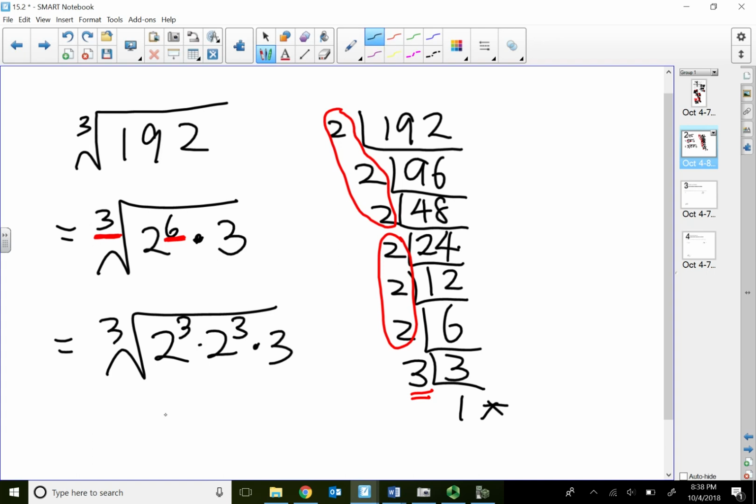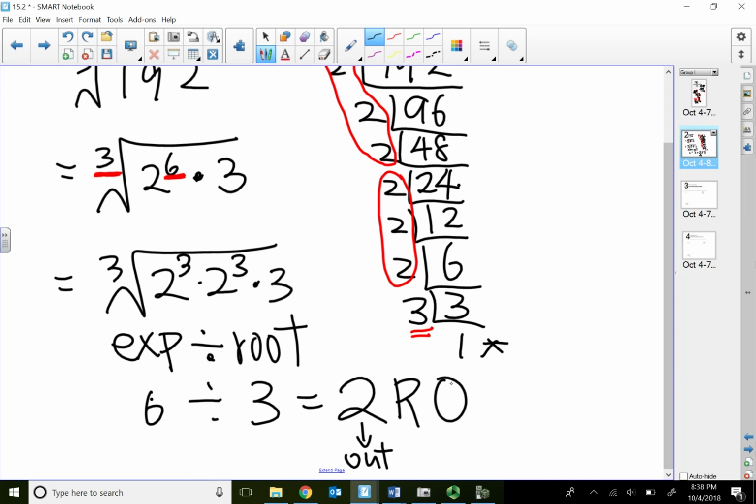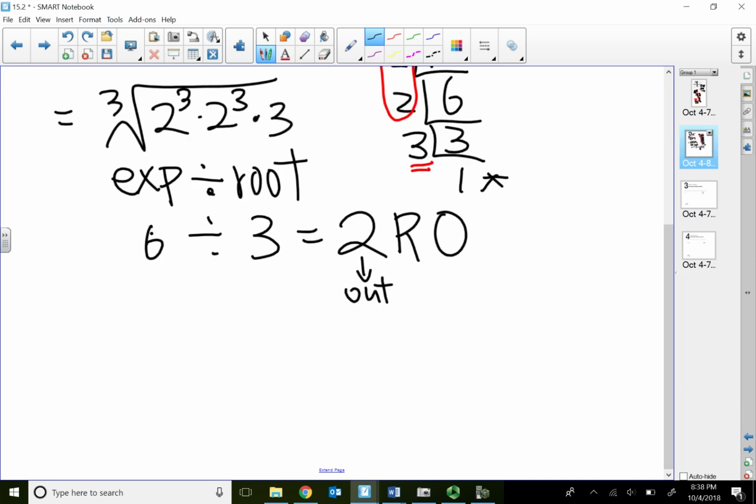That's basically saying if I take the exponent inside divided by the root, 6 divided by 3, that will tell me there are going to be 2 2's that go on the outside, because 6 divided by 3 is exactly 2, remaining 0. So the remainder, when I take my exponent divided by the root, tells me how many 2's are going to stay on the inside.